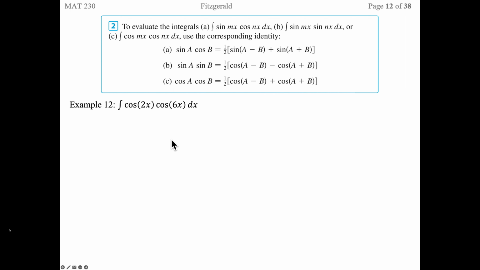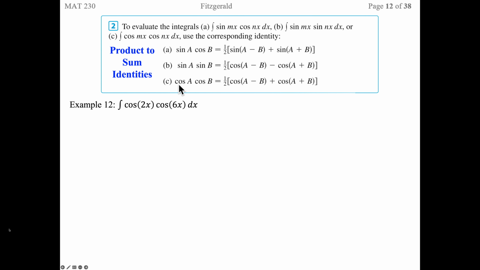Now, if they give you a product to sums identity to use, I guarantee you I will provide this on the test if I wanted to do that. So I'll give you these properties. So here, if you multiply sine and cosine where your arguments are different, we want to rewrite it like this. Simplify the insides, integrate.